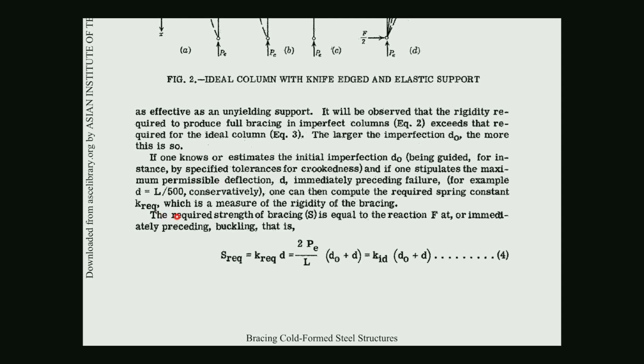But now they are starting to talk about the capacity, and the capacity is given by the S. Capacity is equal to the reaction force at or immediately preceding buckling. That is, S required equals K required multiplied by D. Do you know the D value?